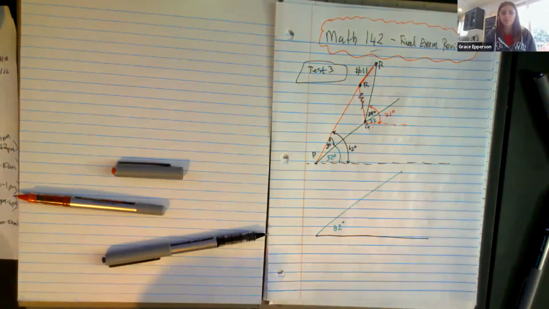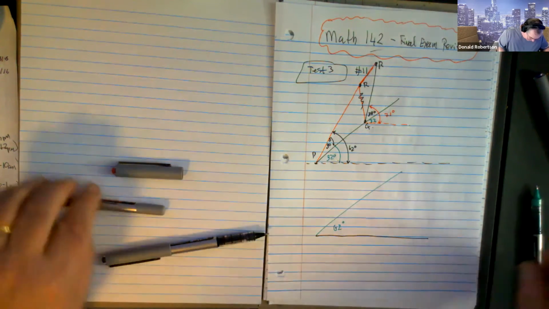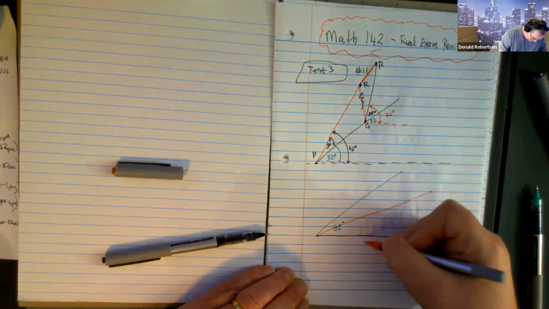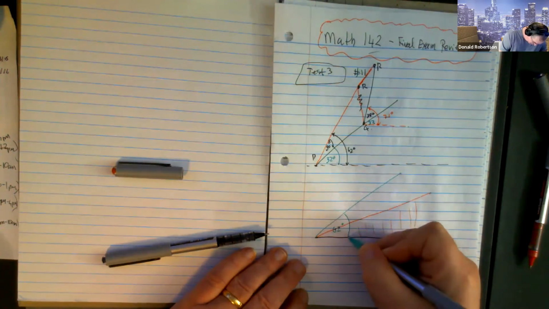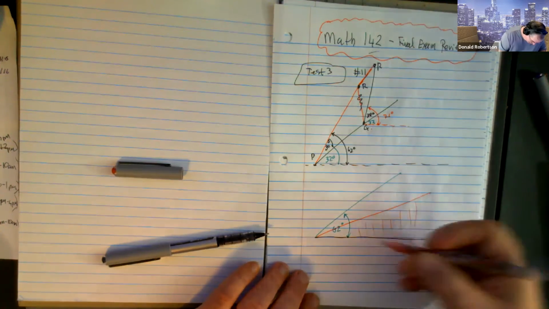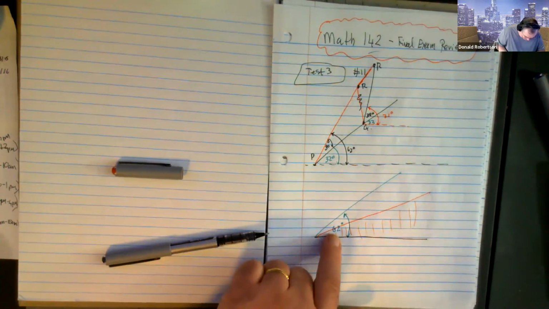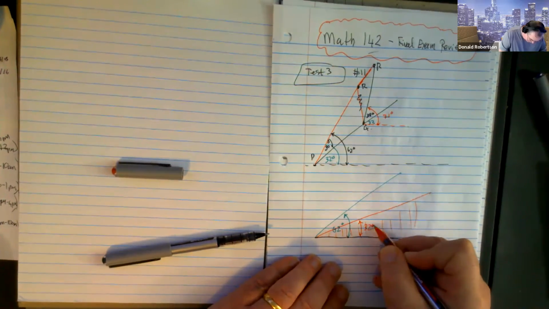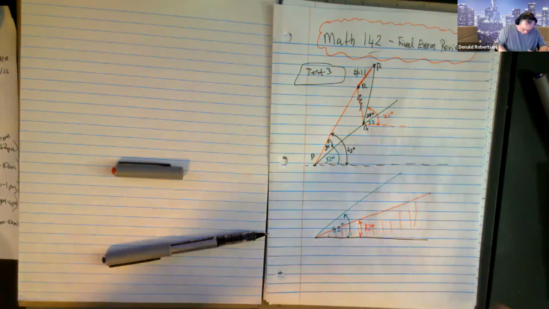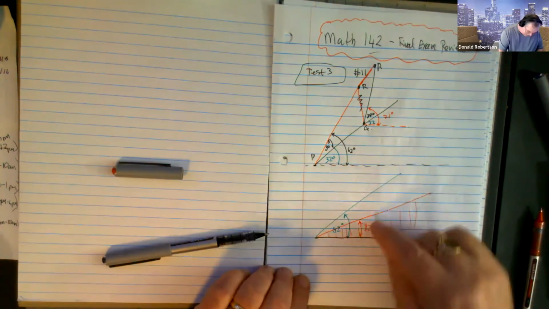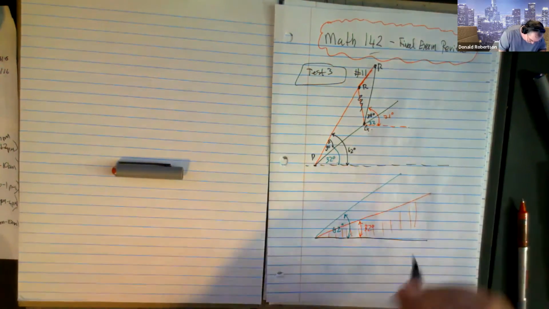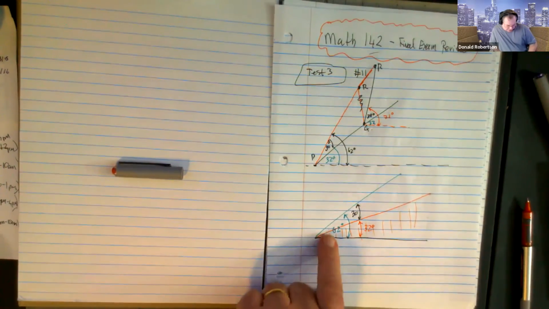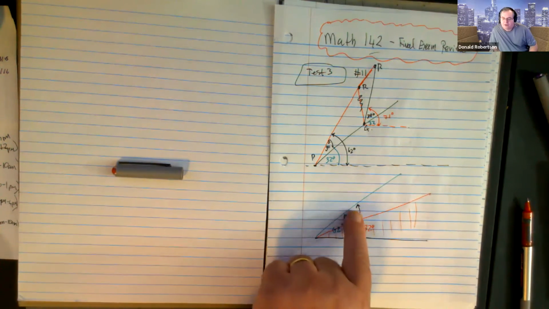Now, if I put on that there's a hill going like this, that angle there is still 62 degrees. That's not changed. But there's a hill, and this hill makes an angle from here to here of 32 degrees. Does it make sense then that this little angle here is 30? And how do you get it? 62 take away 32 leaves me with 30.